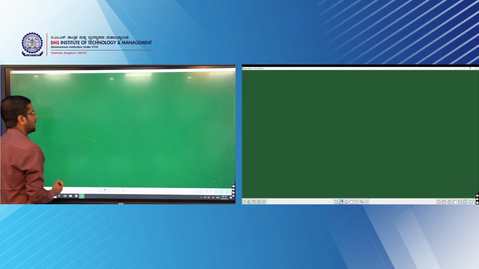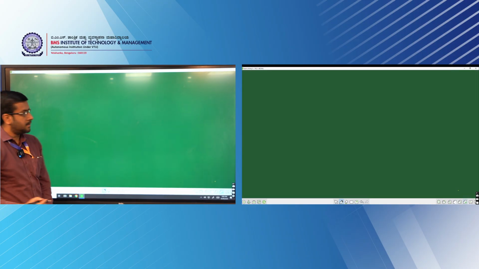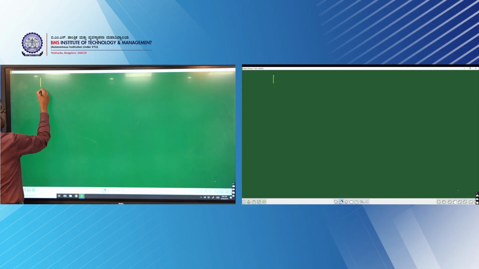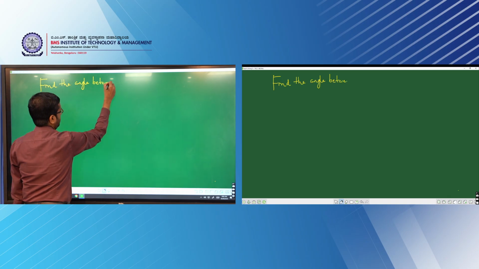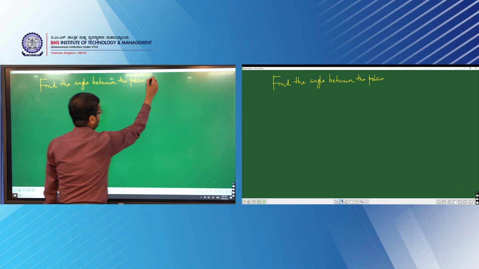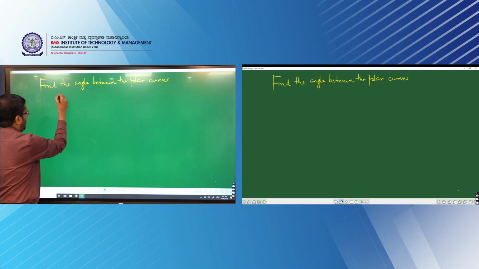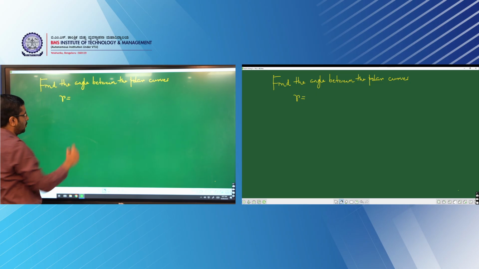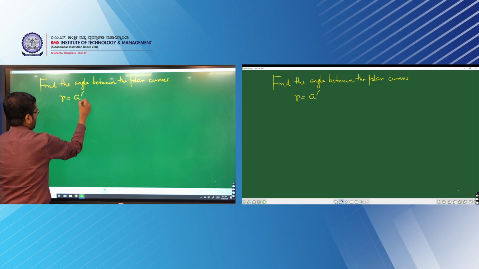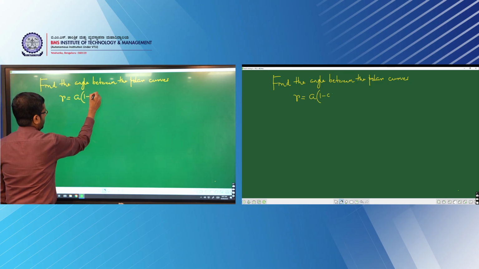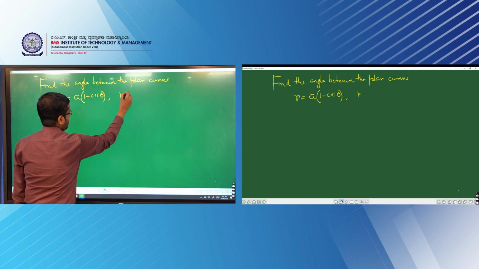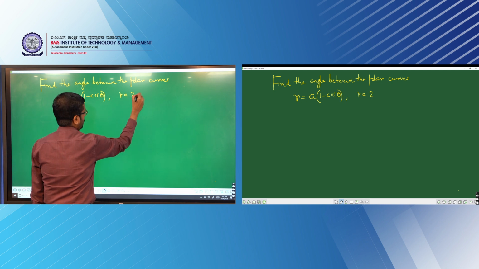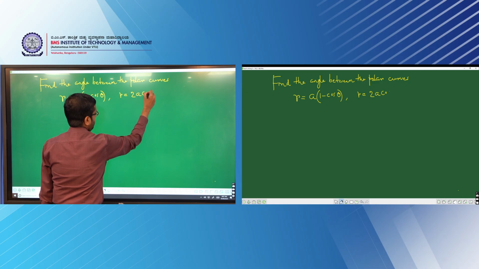Suppose one question is given: find the angle between the polar curves r equal to a into 1 minus cos theta, and another curve is given, r is equal to 2a cos theta.